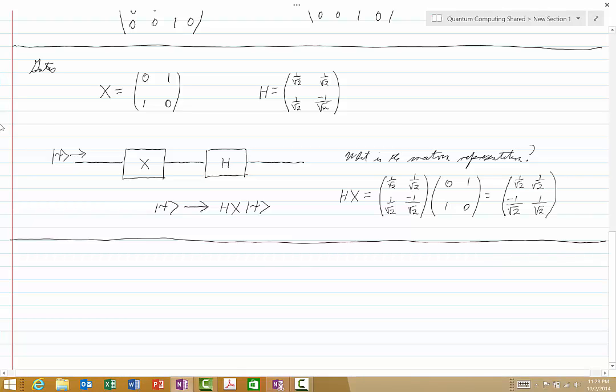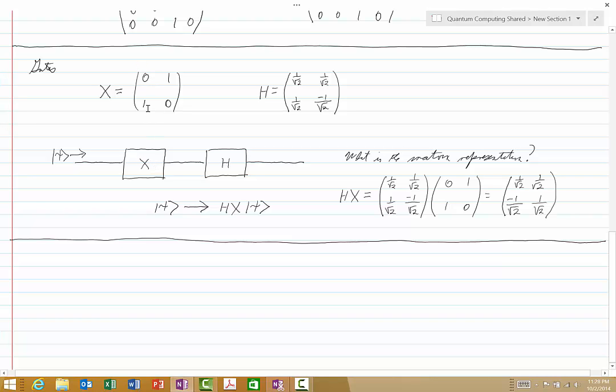And by the way, if you wanted to just figure this out without even writing equations, you could say, okay, remember we just said that the 0 ket will go to the minus ket, and the 1 ket will go to the plus ket. If you wanted to see that looking at the circuit, let's suppose that we have the 0 ket coming in here.